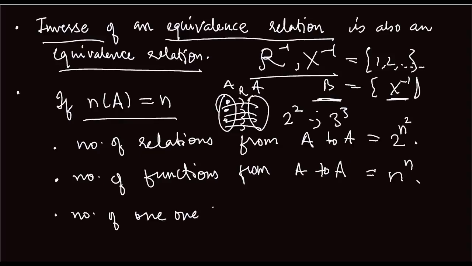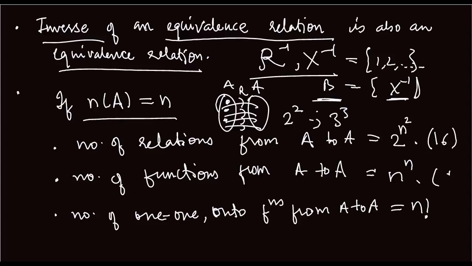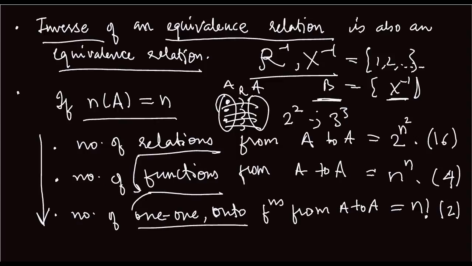The number of 1-1 and onto functions from A to A will be n factorial. You can see this is decreasing. In case of 2, it was 16, then this was 4, and this will become 2. 2 factorial is 2. So you can see that if you add constraints like 1-1 onto, the number goes on decreasing from 16 to 4 to 2. The number of relations and functions gets decreased.